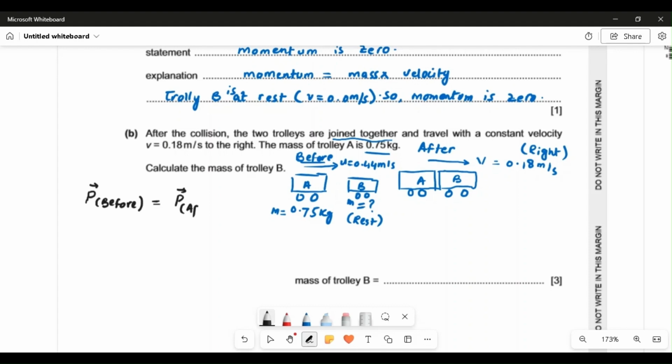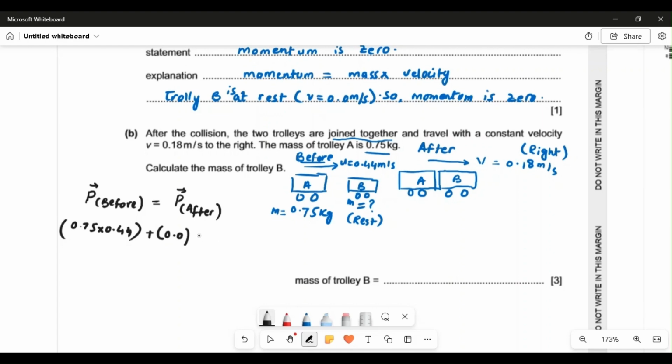So if we talk about momentum before collision, it is the mass of trolley A times the velocity of trolley A, 0.75 times 0.44. This is the momentum of trolley A, plus the momentum of trolley B, as we found in part A, is 0 because it's not moving.